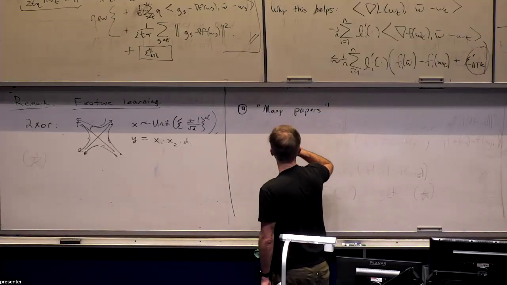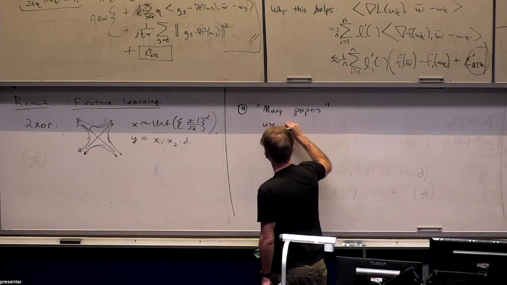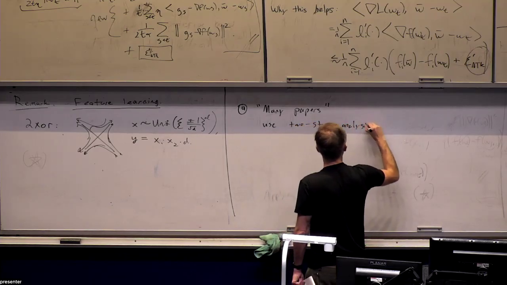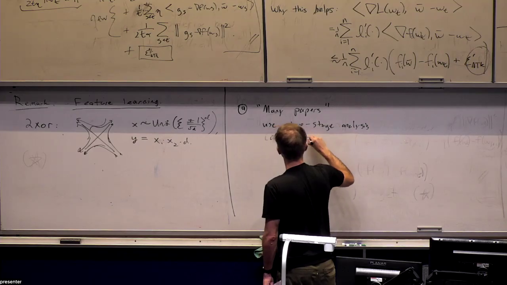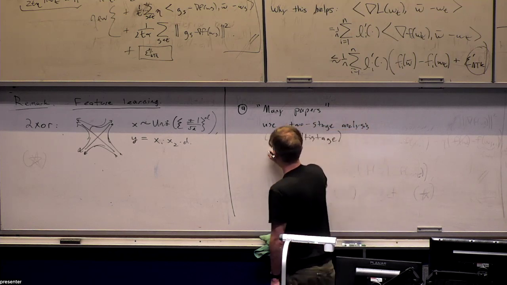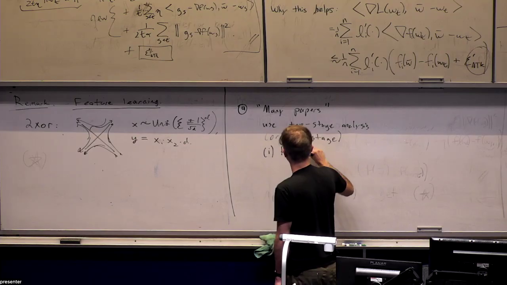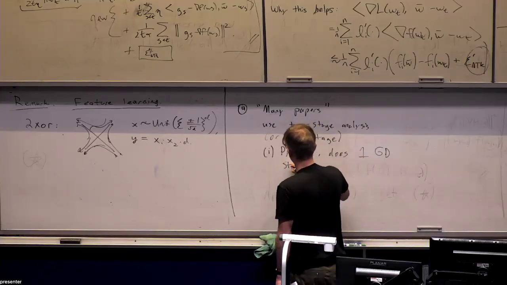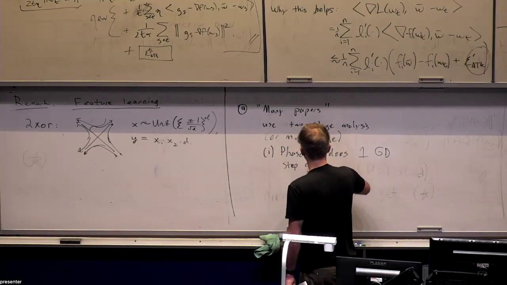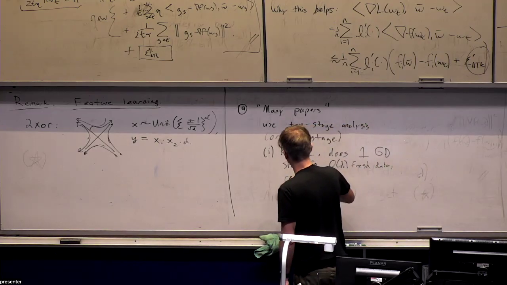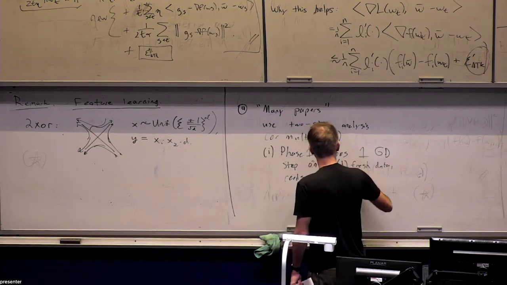many papers use a two-stage analysis, or multi-stage in the case of some of these, for those of you that are familiar with these staircase papers, where phase 1 does one GD step on order D fresh data, and reads off a good subspace.